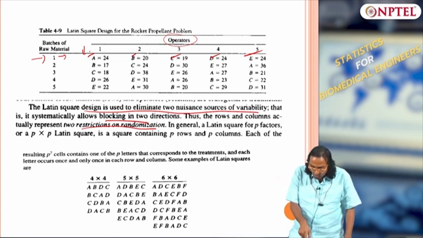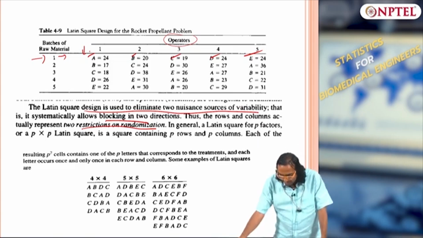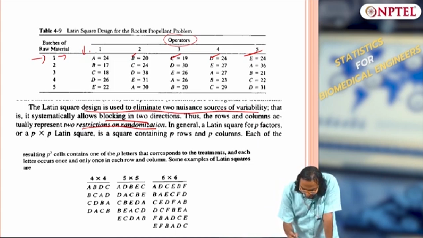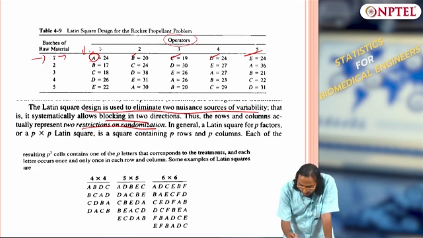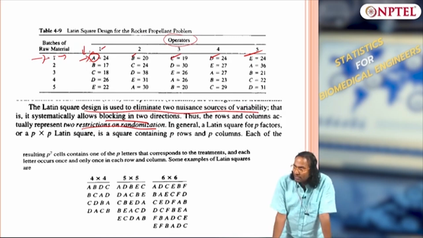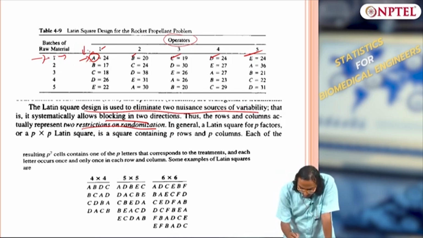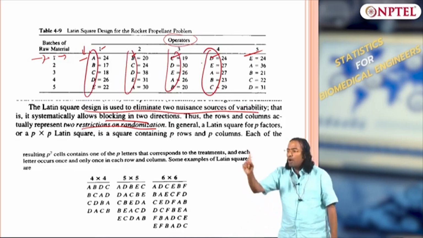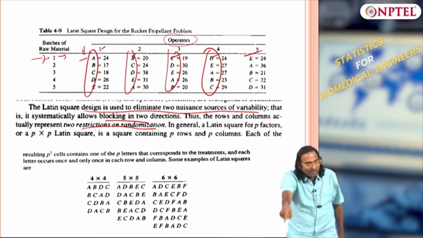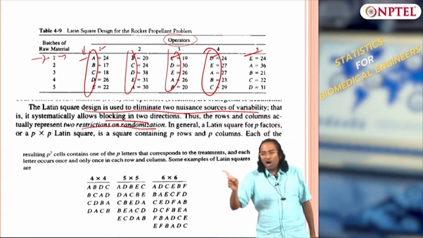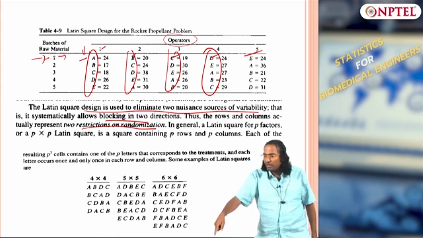Now suppose I take raw material as a nuisance factor, with the same raw material and the same treatment. Look at this: if A is my treatment, A should be in each batch. So operator 1 is using A, batch 1 is also using A. Look at this column wise and row wise: all operators have used all the batches, and all operators have used all treatment levels.